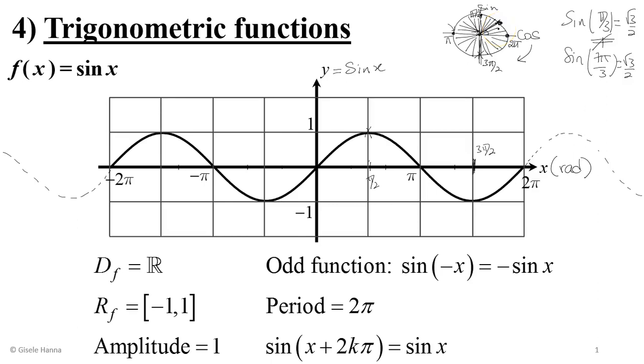However, the angles are different, and we can see this on this coordinate system where we're modeling the sine function. For example, if you look here, this is the angle corresponding to -3 pi over 2, and over here y is equal to 1, which means that sine of -3 pi over 2 is equal to 1.